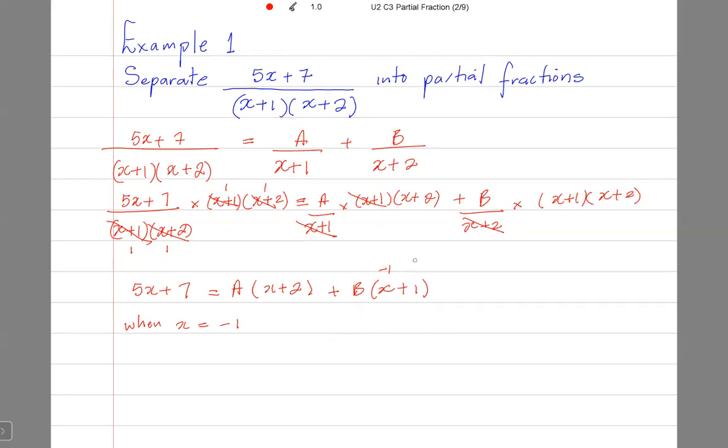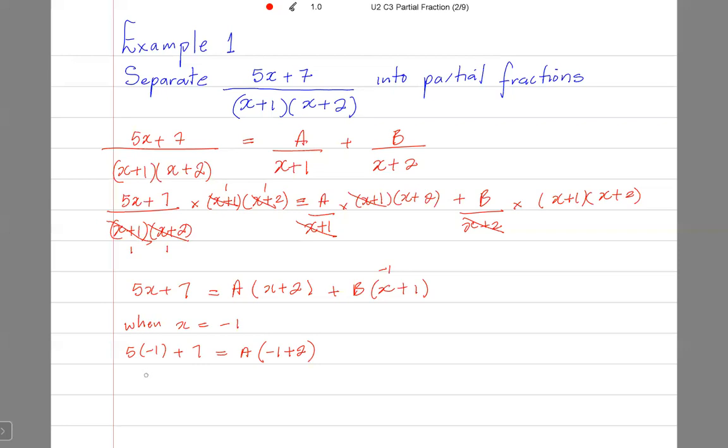So the term on the right is going to disappear. So we're going to have 5 into -1 plus 7 is equal to a into -1 plus 2. b into x plus 1 is going to disappear when x is equal to -1.